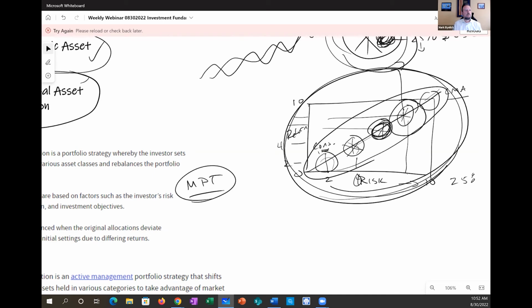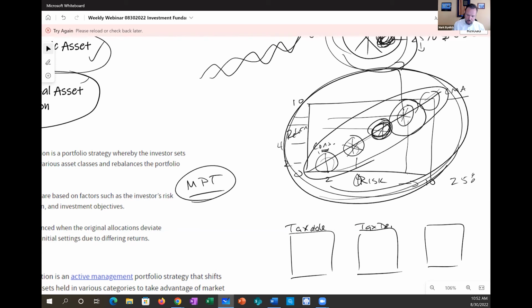So what Gerard is saying, if you're focused on your investment buckets and how you invest those, you have your taxable bucket, tax deferred, and tax-free.